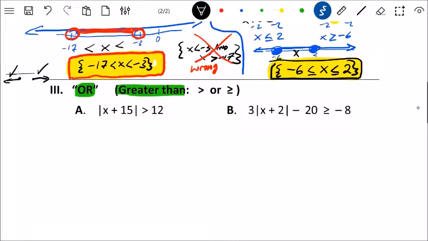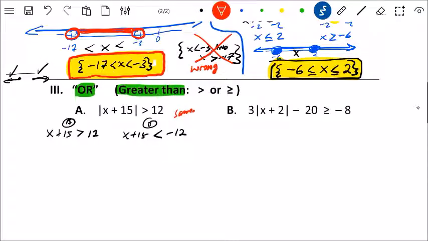So let's go ahead and do this, and the same rules still apply. Case A and case B, x plus 15 now less than, and change the 12 to a negative. Same rules, same changes. Okay, now I'm going to solve it.